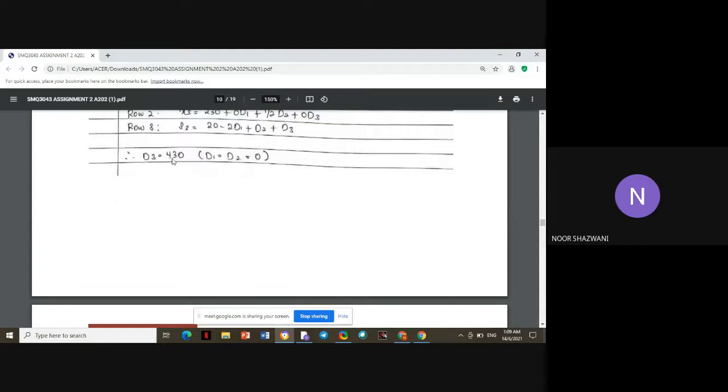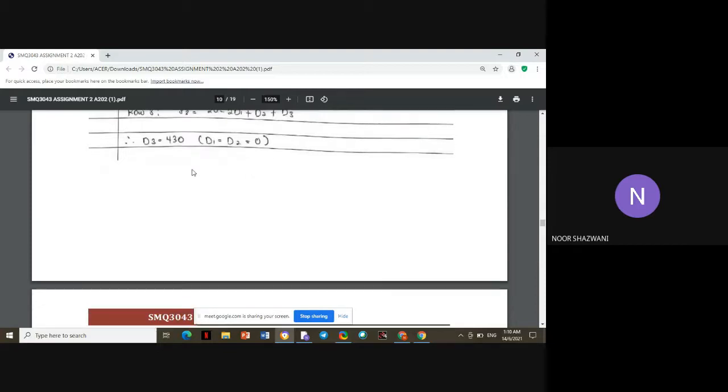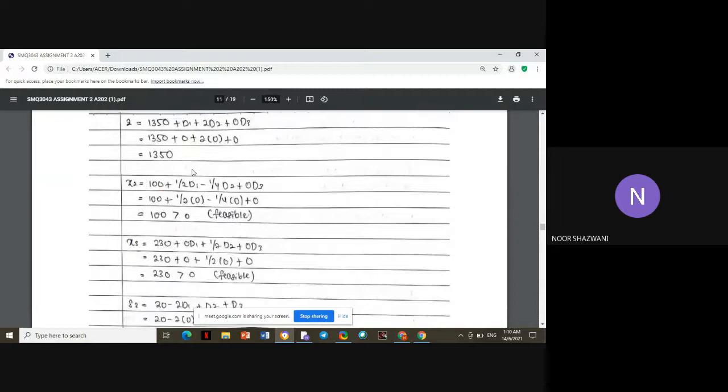D3 equals 430 and D1 and D2 are equal to 0. And then we calculate the new solution. The Z value we got is 1350.